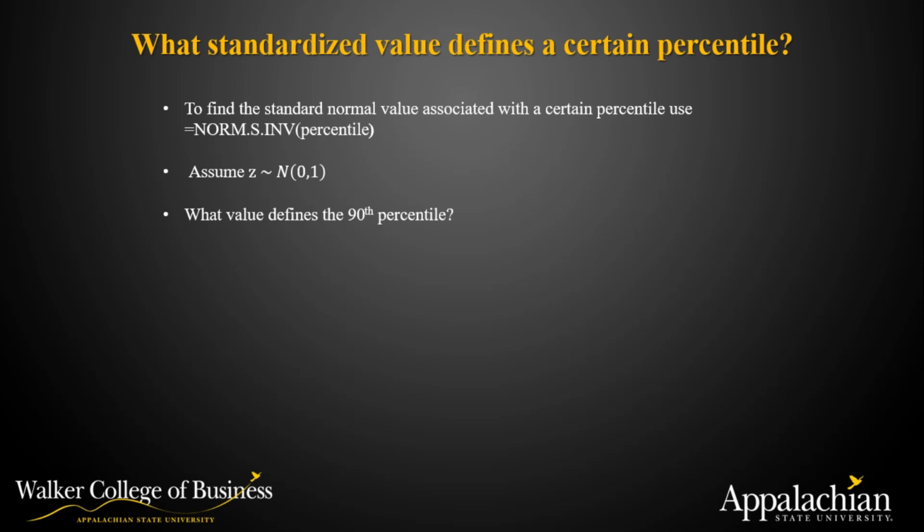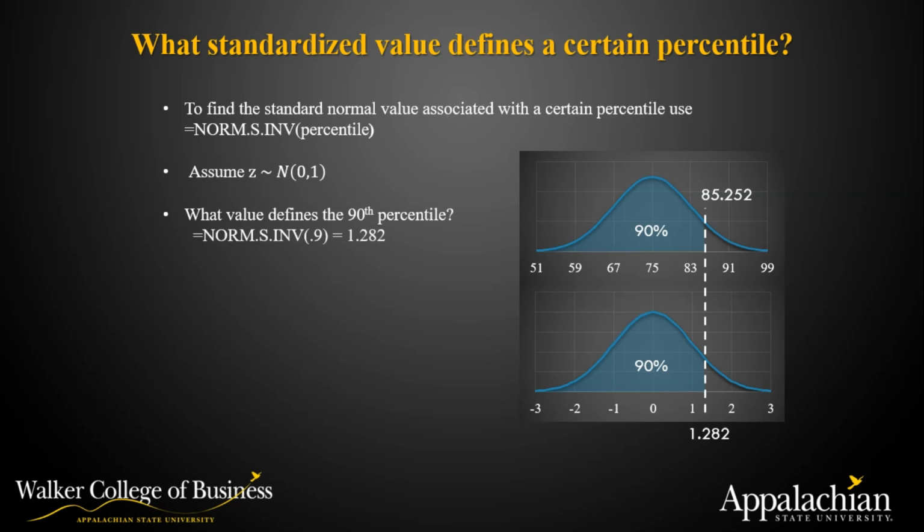To figure out what value defines the 90th percentile, we simply type in equals norm.s.inv, with the argument being 0.9 for the 90th percentile, or a 90% chance of a value being less than that, and hitting enter will reveal that the z-score is 1.282, which we see lined up with our x variable above in the graph to the right. Or in other words, 85.252 is 1.282 standard deviations above the mean, and 90% of the values lie below that.